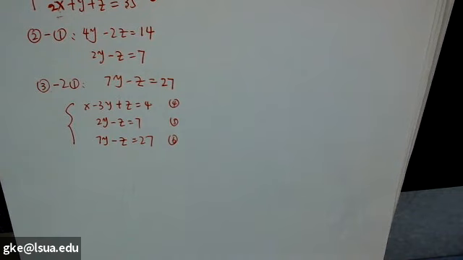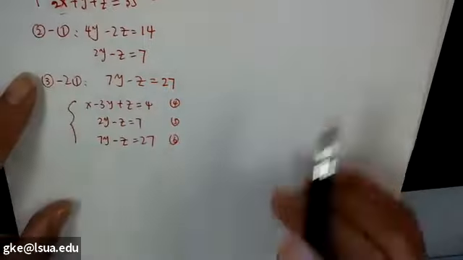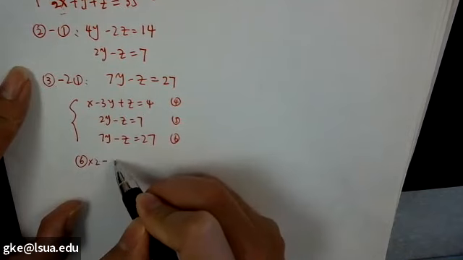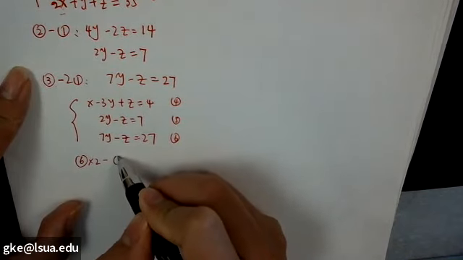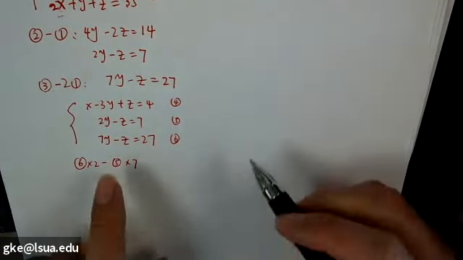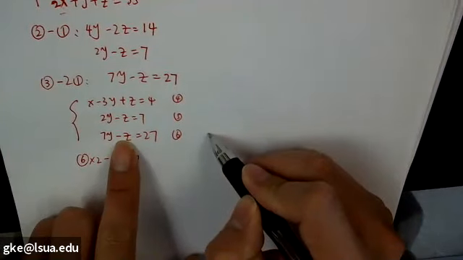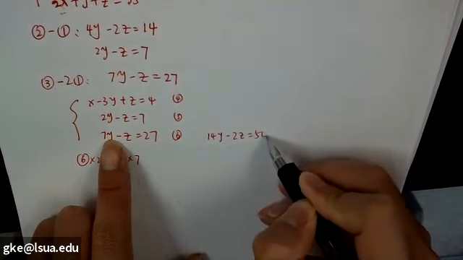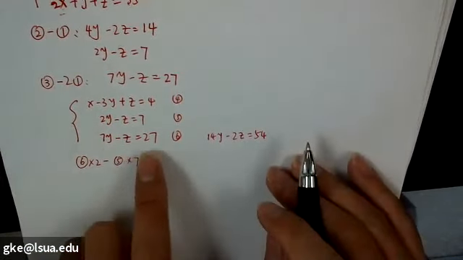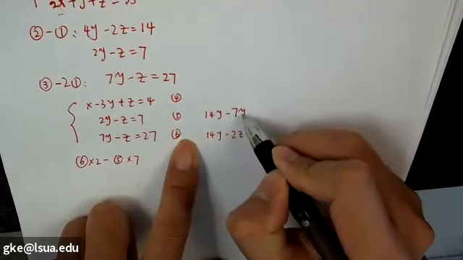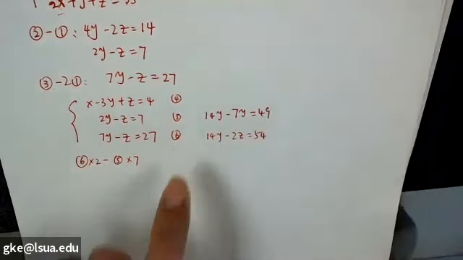How can we eliminate the y variable in equation 5 and 6? Let's take a look. We let 6 times 2 subtract 5 times 7. Okay, so 6 times 2 gonna be 14y, 2z, 54. And equation 5 times 7 gonna be 14y, 7z, 49.